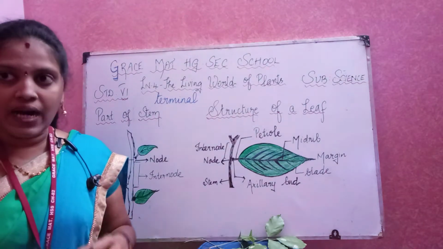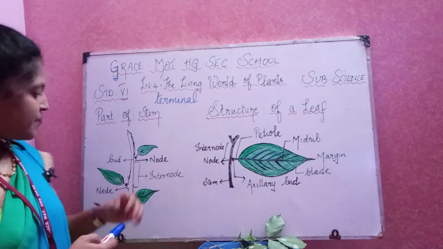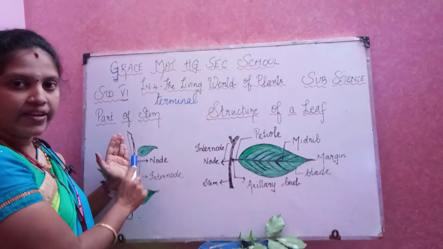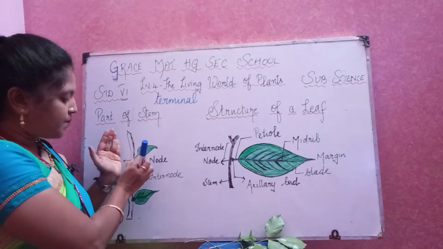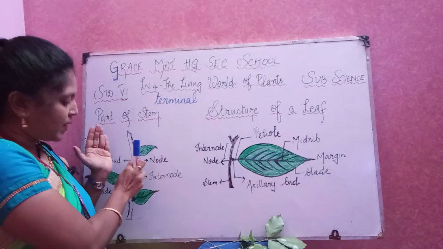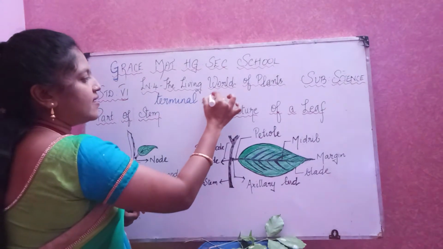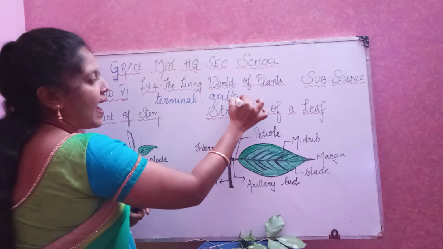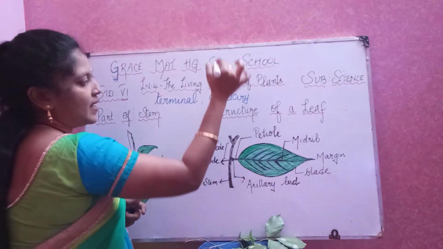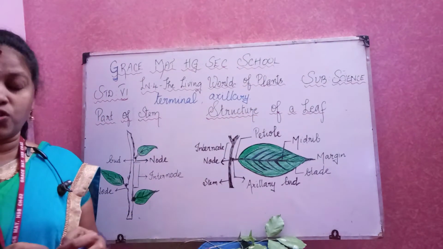Whereas the bud which can be seen at the axil of the leaf, the point from which the leaf arises, is called the axillary bud. What is that bud called? Axillary bud. Okay, children, are you clear with the shoot system?